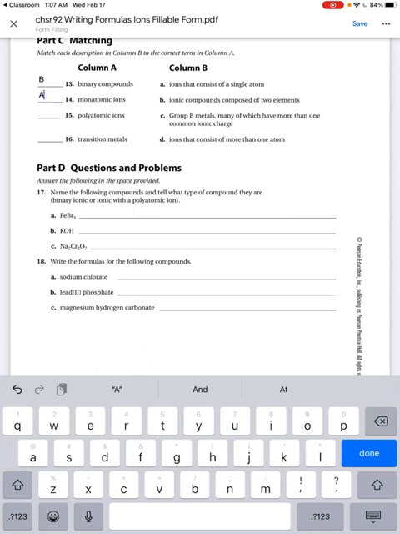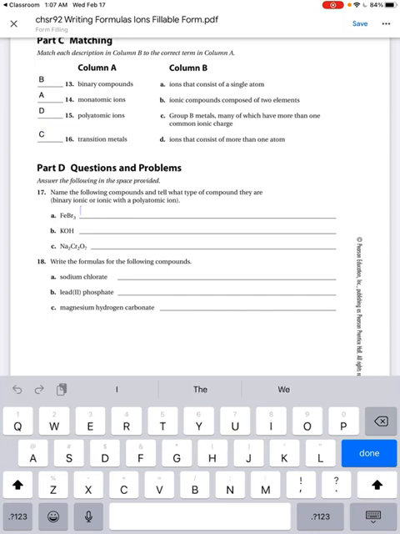Polyatomic ions are D, ions that consist of more than one atom, hence the polyatomic, if you break down the word and the word roots. And transition metals, the only thing left is C, but it is true that they may have more than one common charge.